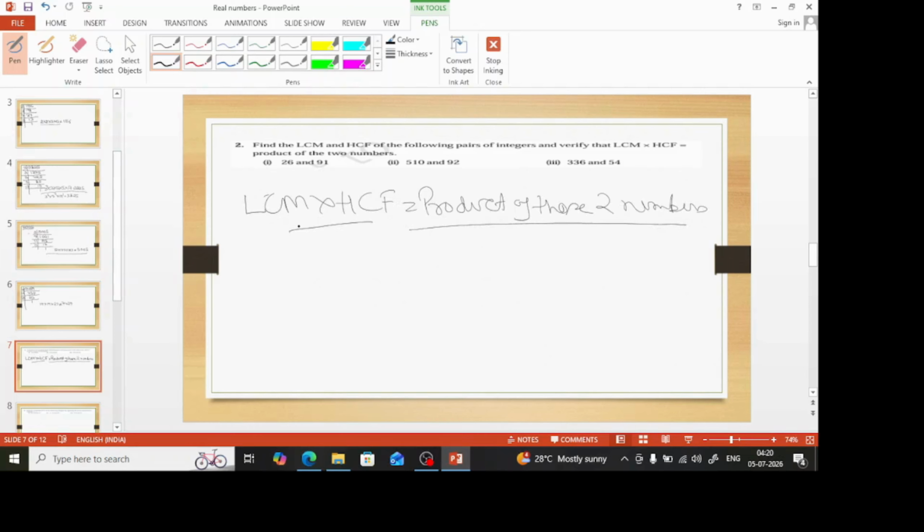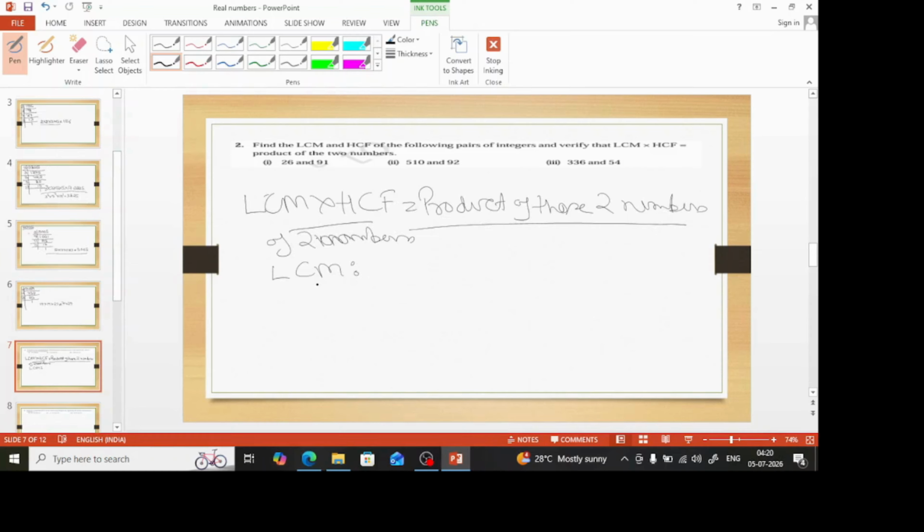First of all, you must understand this is an equation: LCM and HCF of two numbers is equal to the product of those two numbers. Okay. And what is LCM? First of all, we must know the meaning of LCM.